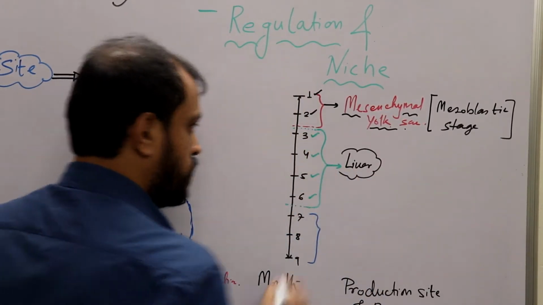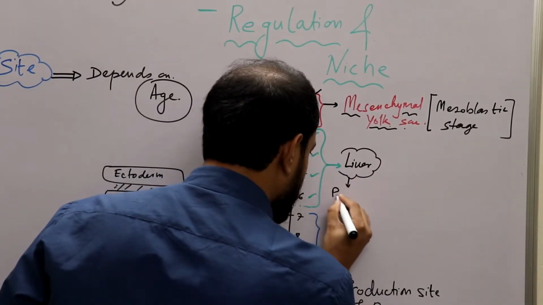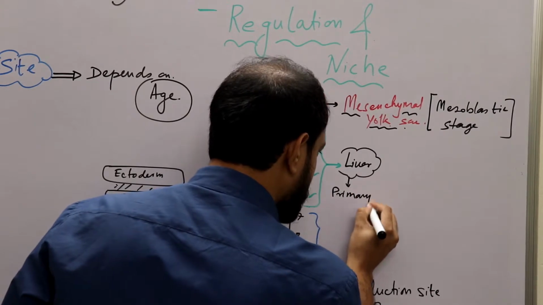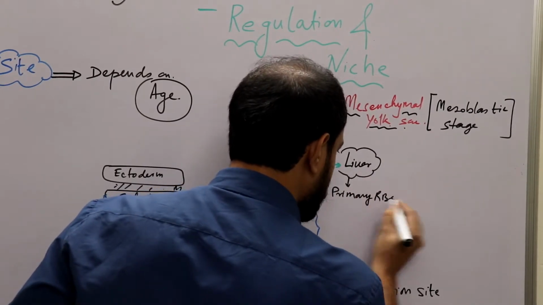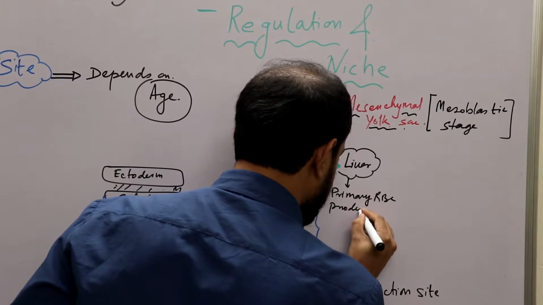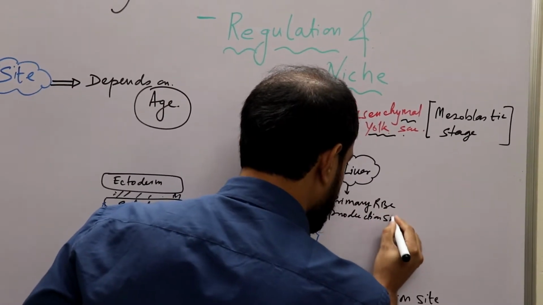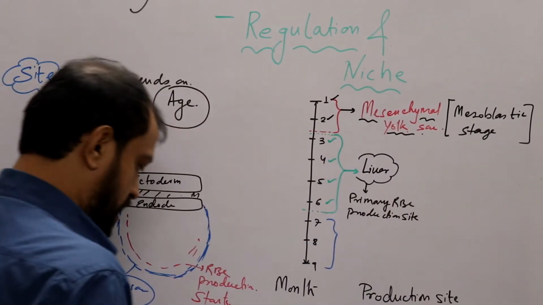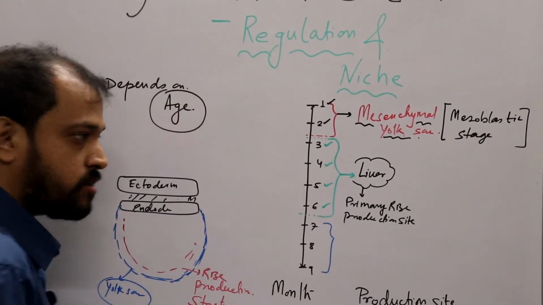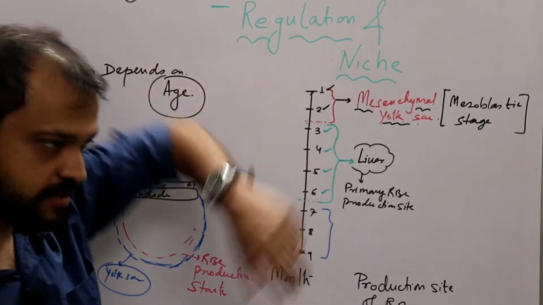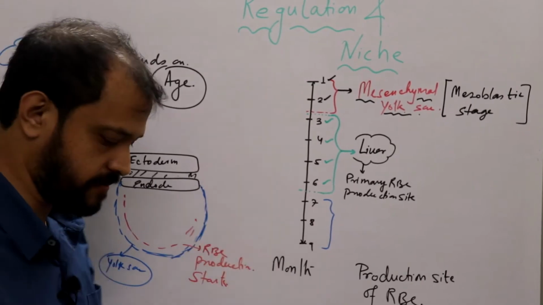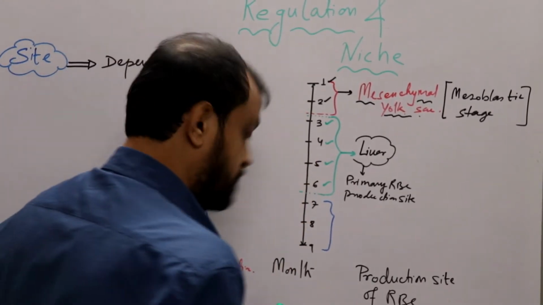This is the primary RBC production site. This stage is called the hepatic stage of RBC production in fetal life.